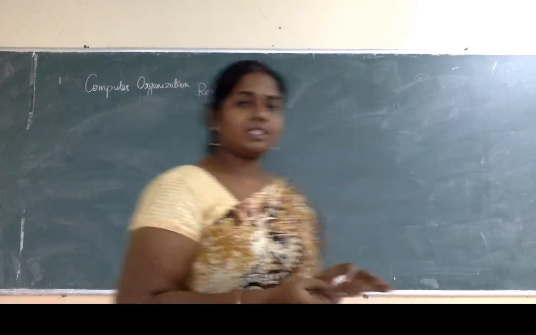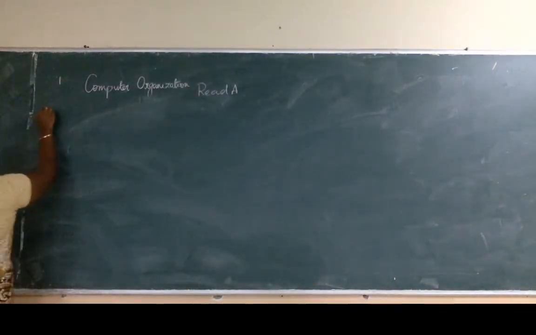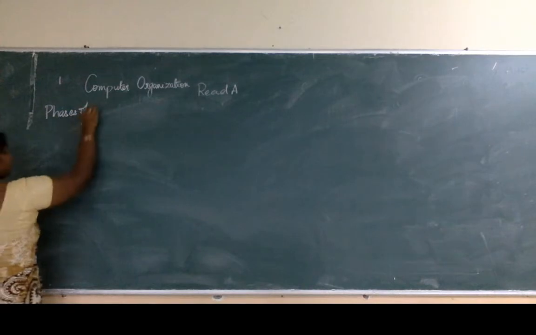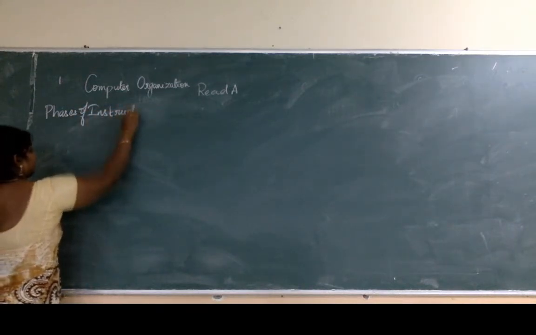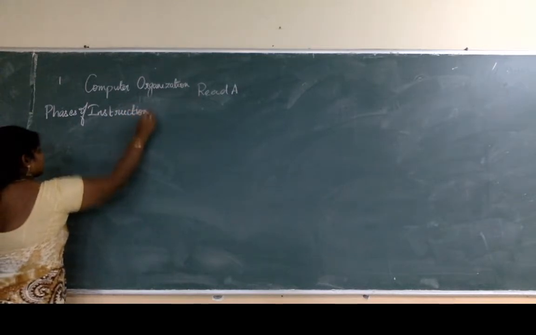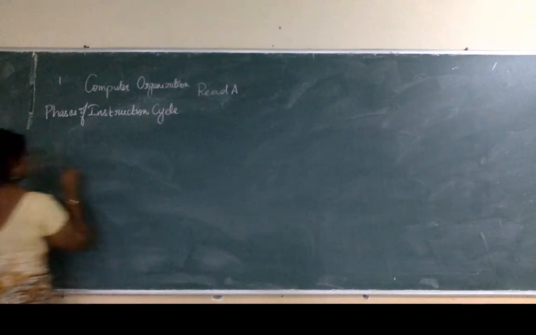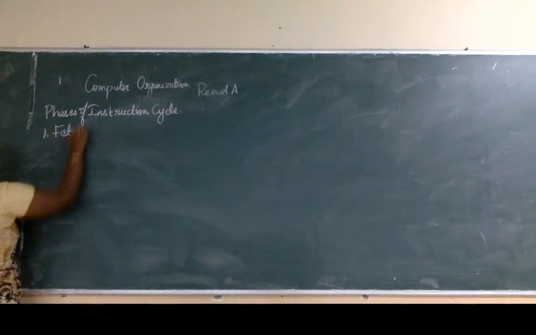In the last session, we have been dealing with the instruction cycle. In the instruction cycle, we have seen that the instruction cycle has four different phases, and some of the phases are common for all types of instructions. The first phase is the instruction fetch.